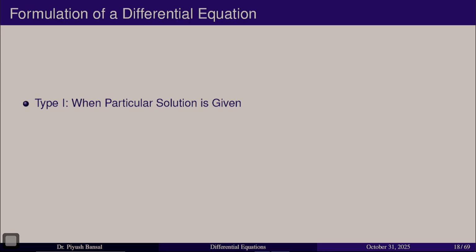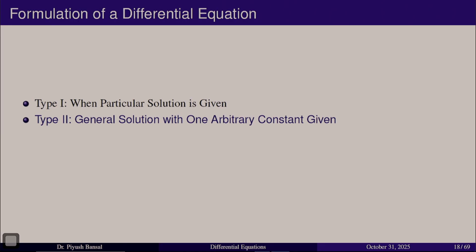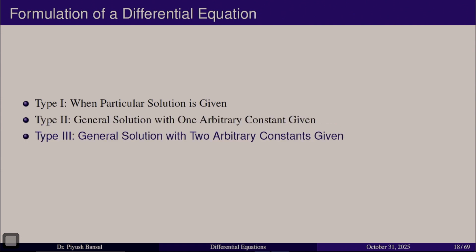Type 1 will be when a particular solution is given to us. Type 2 will be when a general solution with one arbitrary constant is given, and type 3 is when a general solution with 2 arbitrary constants is given. We will see them quickly one by one.